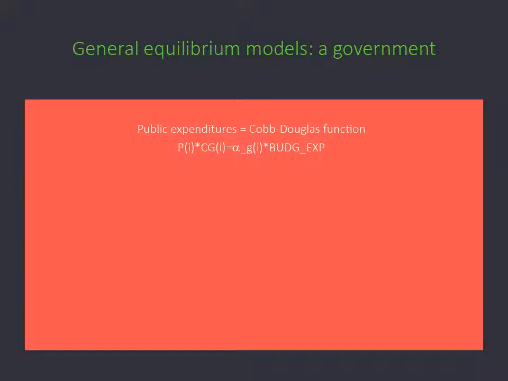So in terms of equations, it means that consumption price Pi multiplied by a new variable, which is public expenditure in sector I, CGI, in volume, is equal to a constant share, which I call alpha_G, in sector I multiplied by total expenditure, which is another new variable, which is budge_exp.